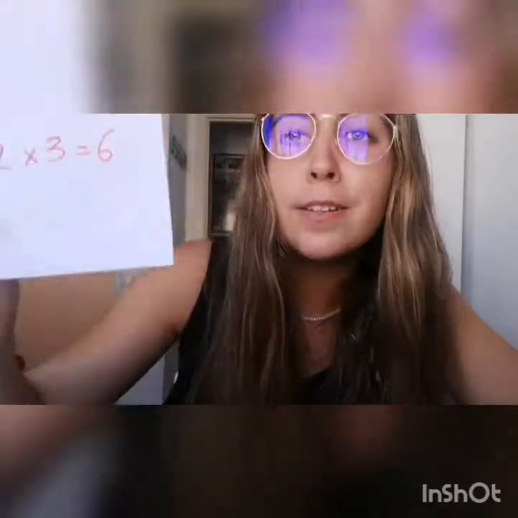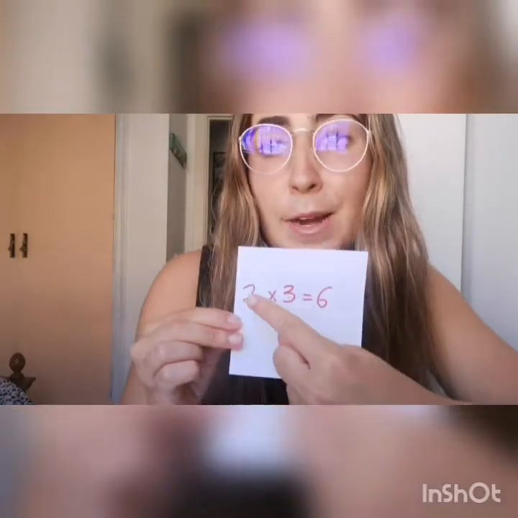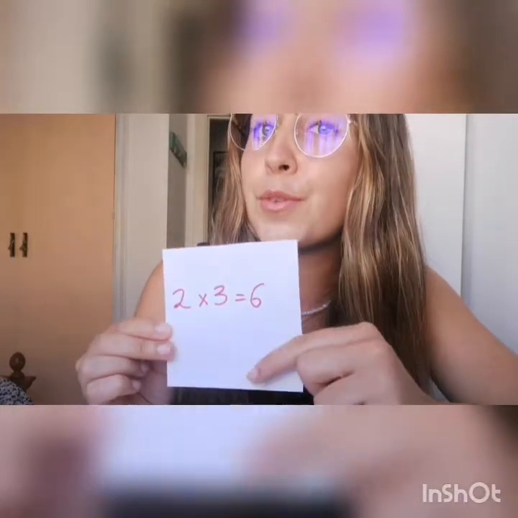For example, 2 times 3 is 6. So we see that the number 2 is a factor and the number 3 is a factor. Prime factorization is finding which prime numbers multiply together to get the original number.